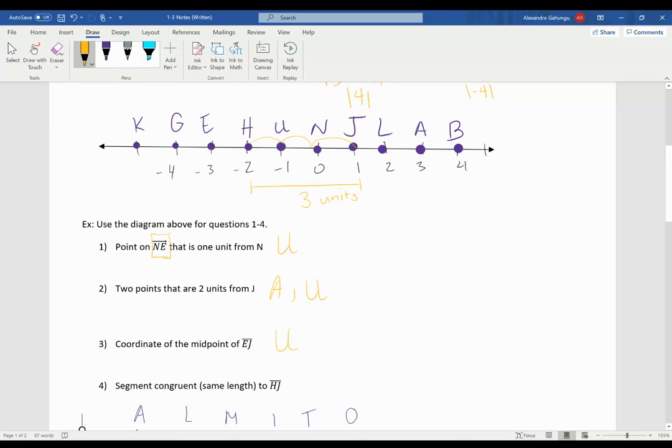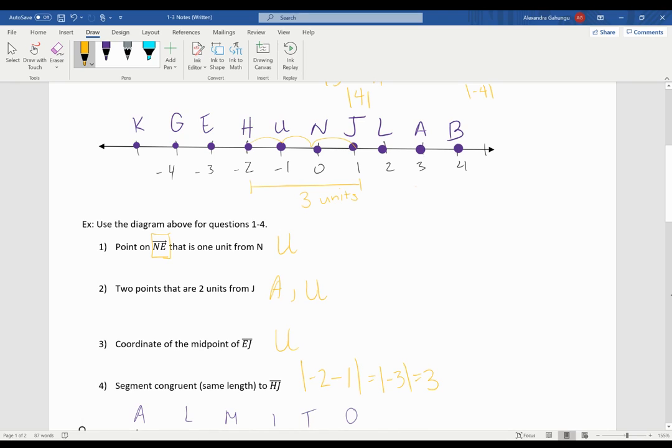Okay, so the last question in the section is asking about a segment that is congruent, so the same length, as HJ. And we know that HJ is 3 units. One way you can do it is by counting, just like I did it on the diagram, or you can find the absolute value. So you can do -2 minus 1. And that gives you the absolute value of -3, which is just 3.